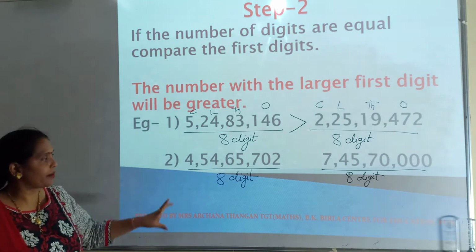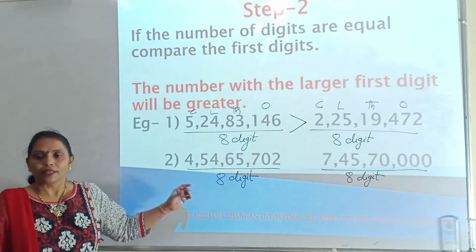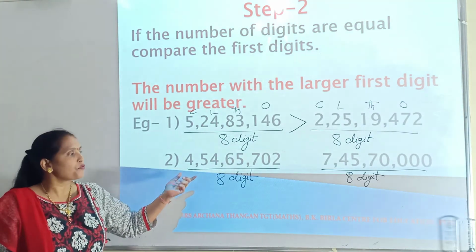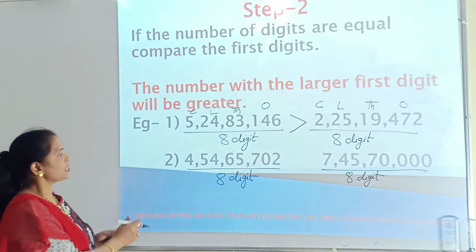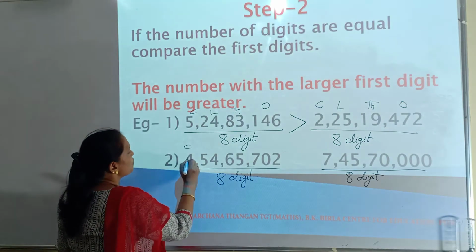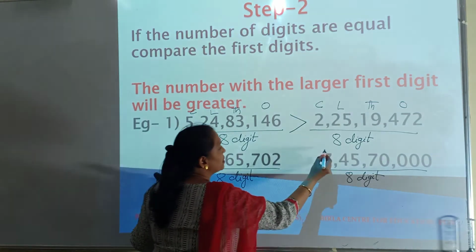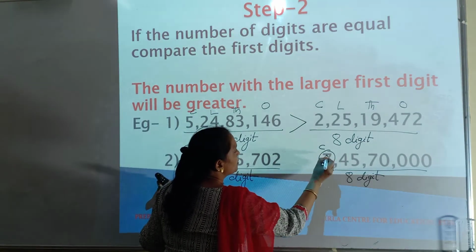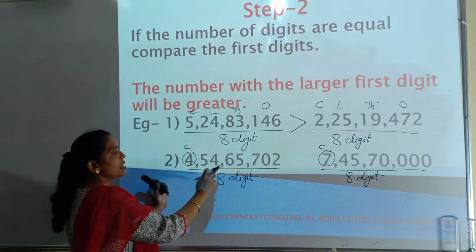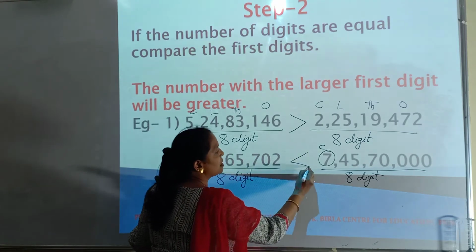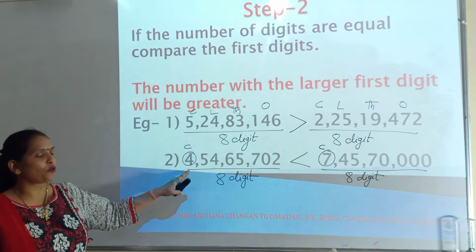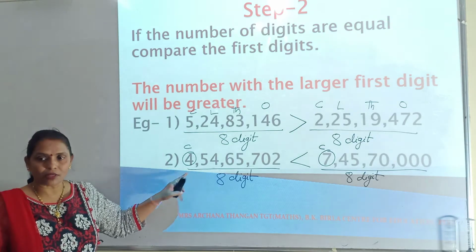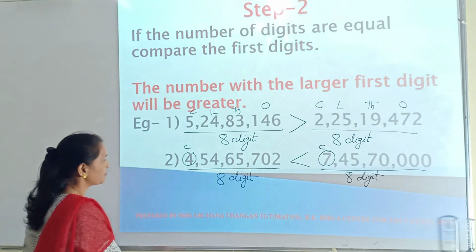Here also the number of digits are equal. That time we need to check the first digit. Here in the crore place we have a 4 and here in the crore place we have a 7. So 7 is greater than 4. So this number is greater than 4 crore. Have you understood this? Next step.